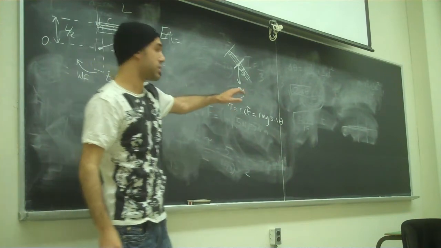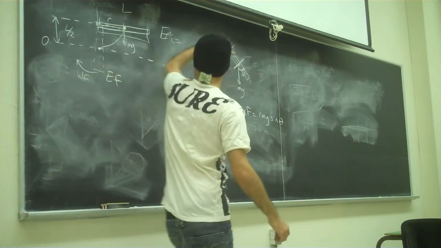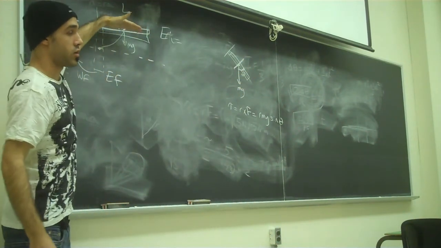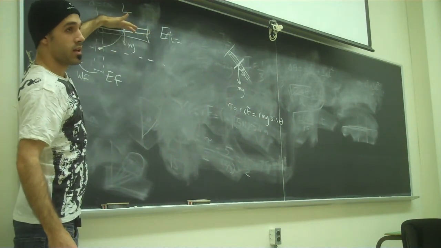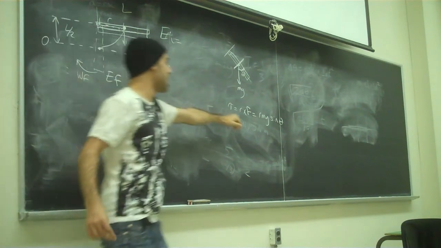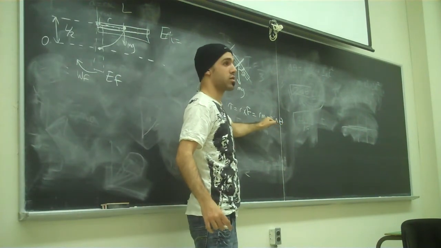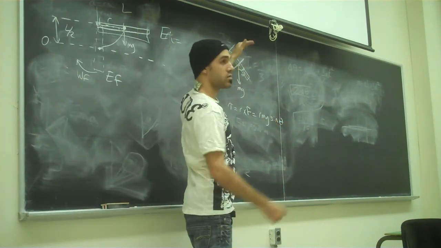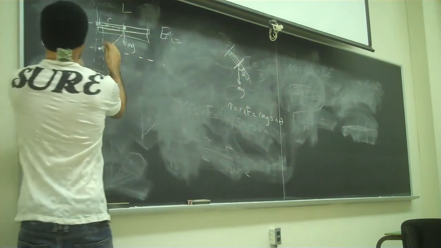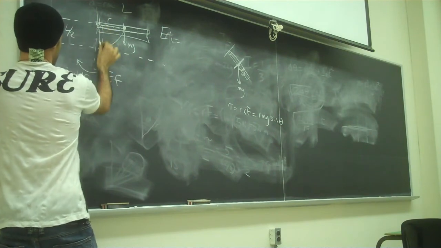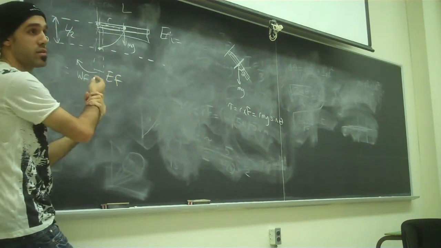Now, you can see that when the rod was horizontal, the angle between the force and the radius is 90 degrees. So sine of 90 gives me 1, and I have the maximum torque. As this falls down, the angle becomes smaller and smaller until at the bottom, the angle between the radius and the force is 0.